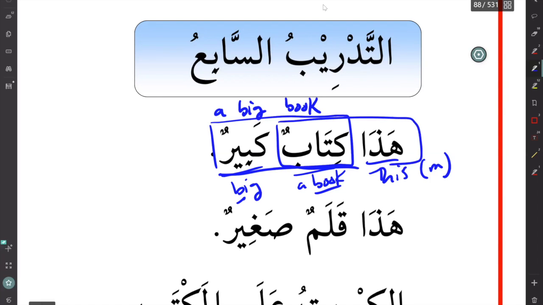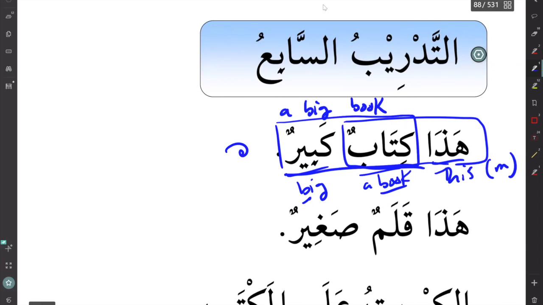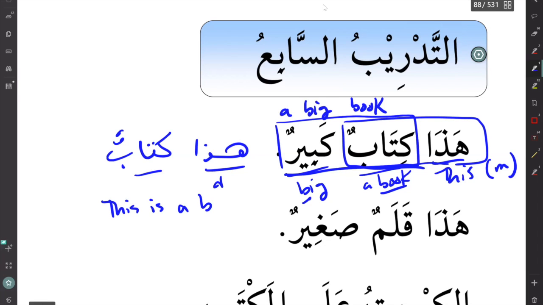Now if you look at here, hada kitabun, you can think of it like this: hada kitabun. The first one is definite and the second one is indefinite. So it becomes a sentence: this is a book.